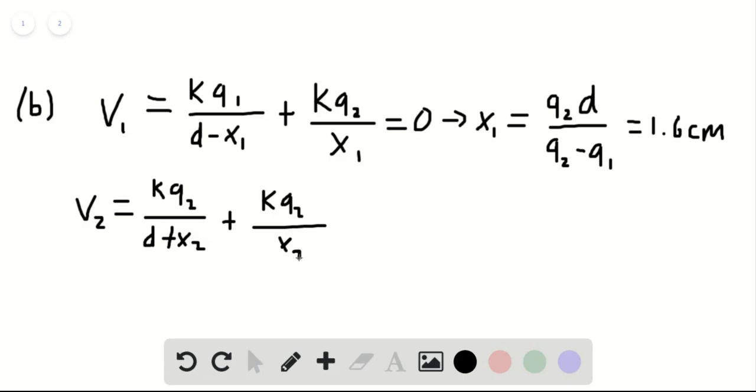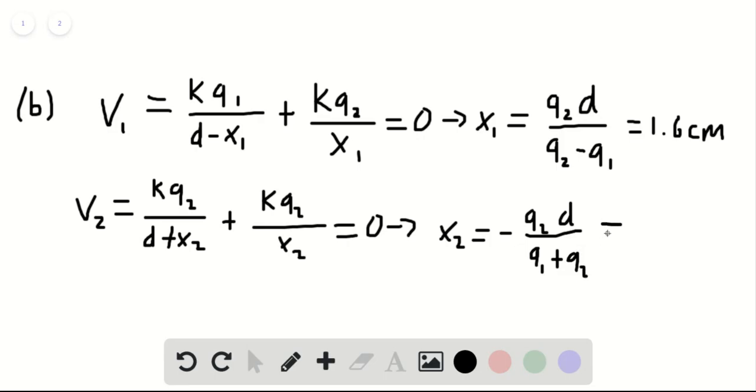And of course, this is a point where it's equal to 0. So solving for x2, we find that x2 is equal to negative Q2 times the distance between D divided by Q1 plus Q2. We find that this comes out to equal 8 centimeters.